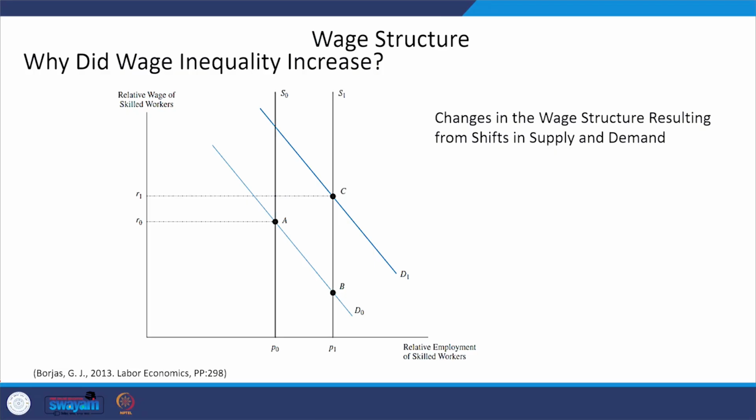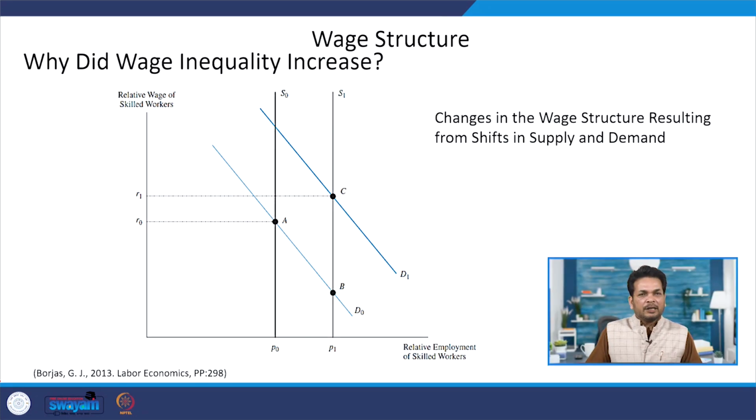How is the demand for skilled workers and the wage rate decided in the labor market? On the x axis, we have taken the relative employment of skilled workers, meaning P, skilled workers versus unskilled workers.